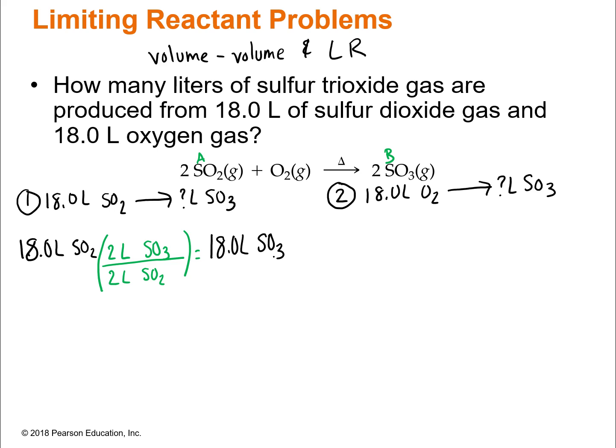So that's the first part. 18 liters of sulfur trioxide gas is what we can make from 18 liters of sulfur dioxide gas.